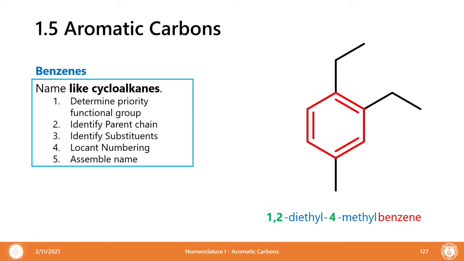Likewise, when numbering benzene, we do not consider the positions of the alkenes in the benzene ring. You'll later find out that it's because the positions of these double bonds actually switch. So the basis for numbering is a substituent in this case.